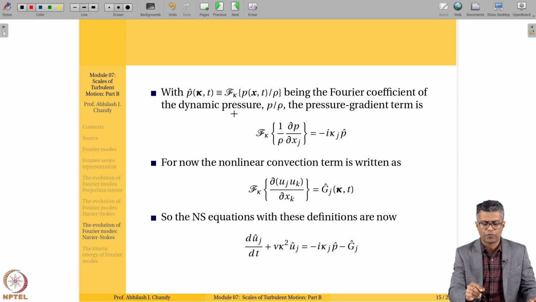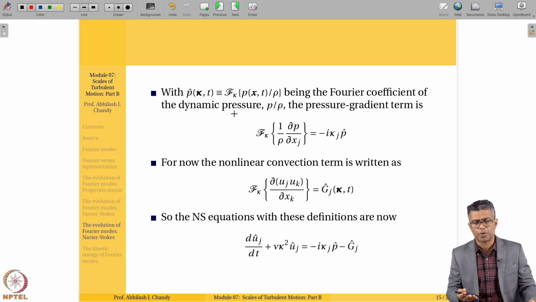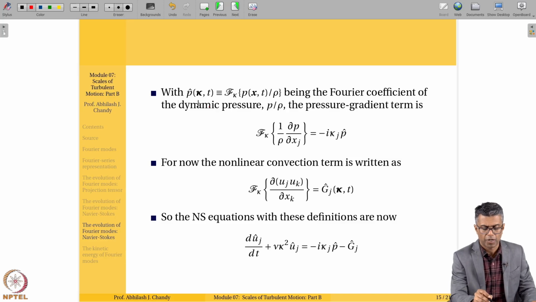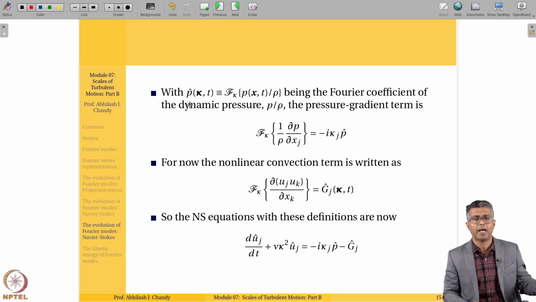So we will take a Fourier transform of p over rho rather than just p, because rho is a constant. We are assuming incompressible flow, so rho is just a constant factored in. So your pressure is basically a normalized pressure p over rho, like a dynamic pressure. So let's define p hat as a Fourier transform of p over rho.